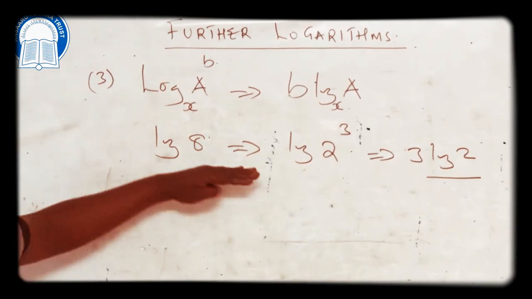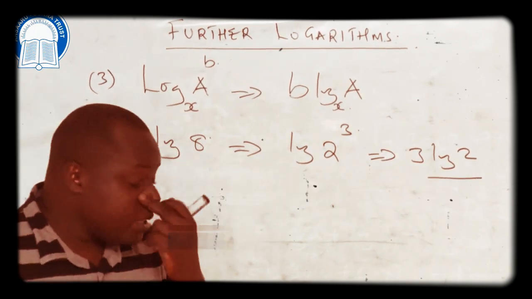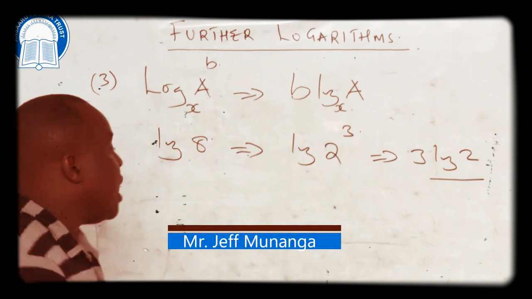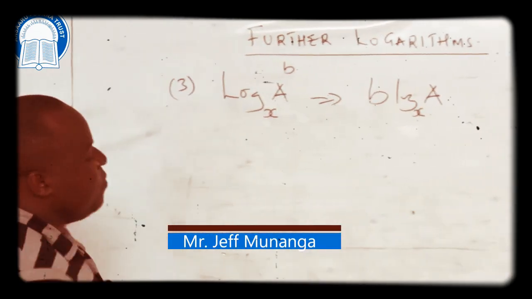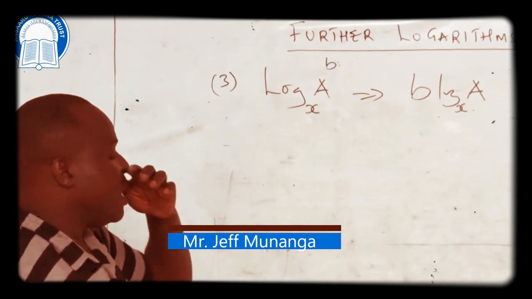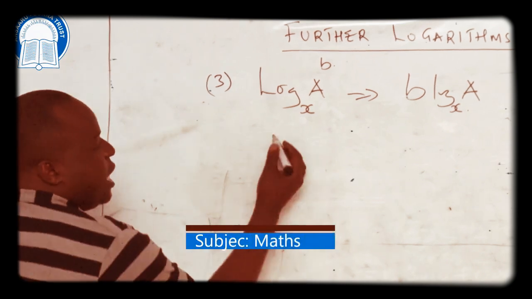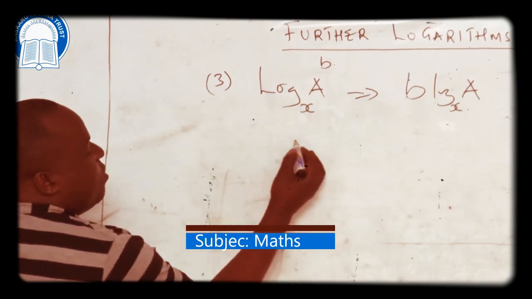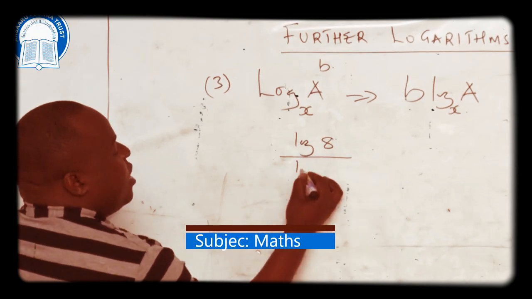The very first importance of knowing this is in questions to do with expressions. I will be fast, so try and understand what I'll actually explain. Using a very basic example, using this law, I have a question like simplify log 8 over log 2.